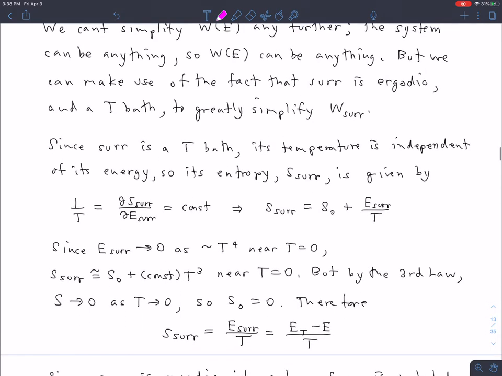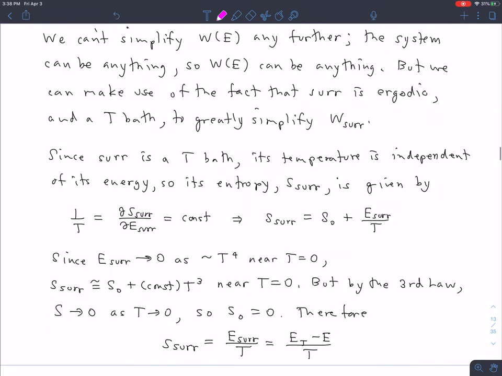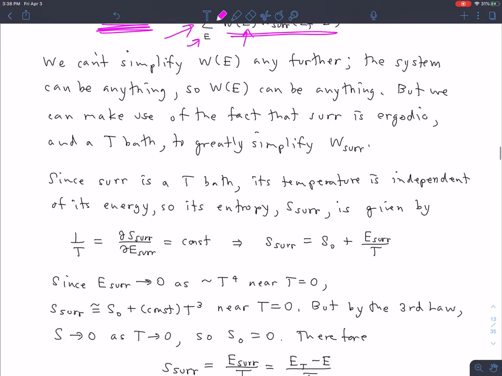First of all, the entropy of the surroundings is equal to k_B times log of W_sur.